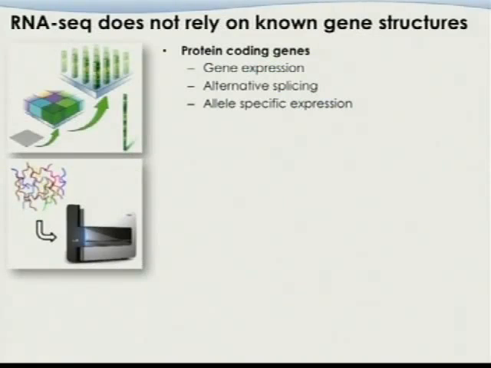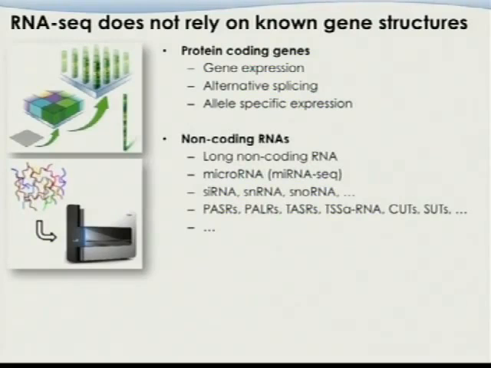Okay? And another thing is RNA sequencing doesn't rely on known gene structures, which arrays do. For the protein coding genes, we can study gene expression, alternative splicing, allele-specific expression. For the non-coding RNAs, this is the most important part. You can study long non-coding RNAs or microRNAs or various forms of novel RNA species that we have never heard about.